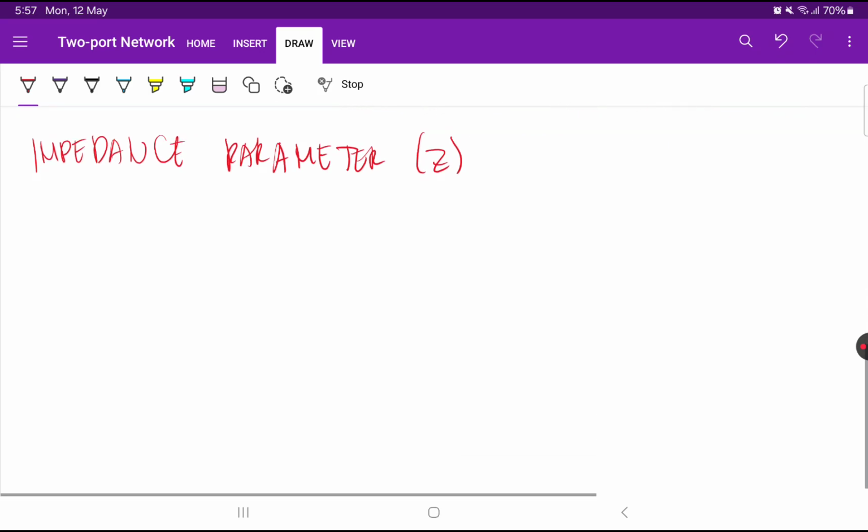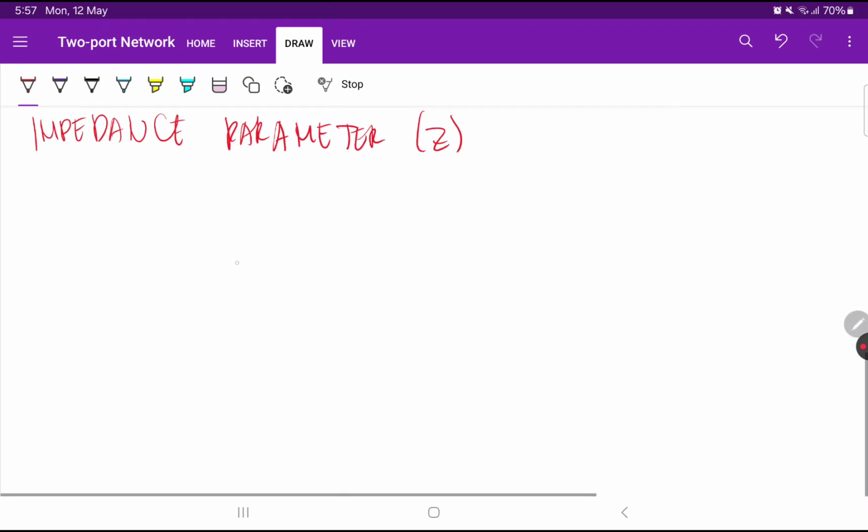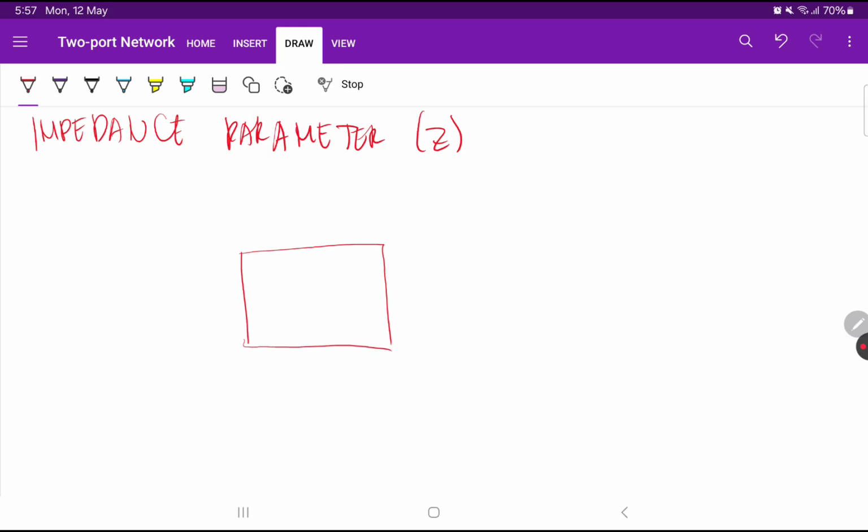Now, if you take a two-port network, let's say this is the two-port network, we have a linear network here. It has two pairs of terminals, the left and the right.